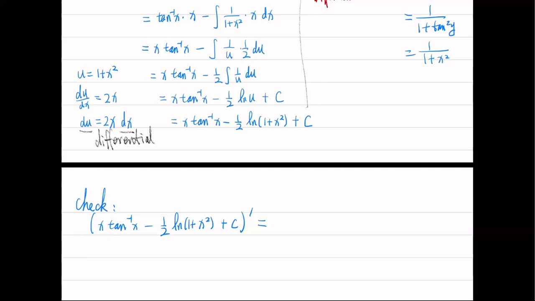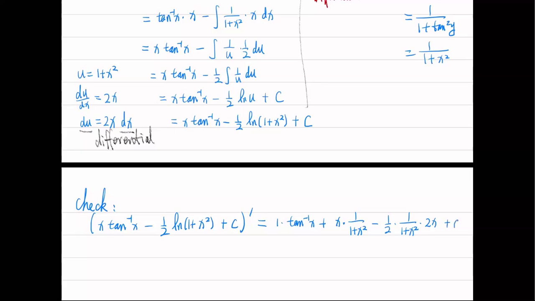Derivative of x arctangent x. So the product rule. So we have 1 times arctangent x, product rule, minus derivative of the logarithm, chain rule.